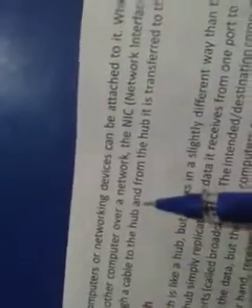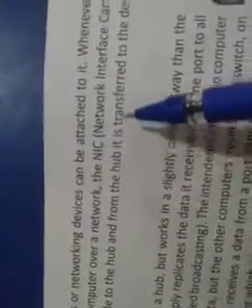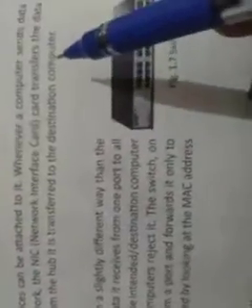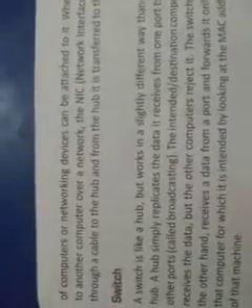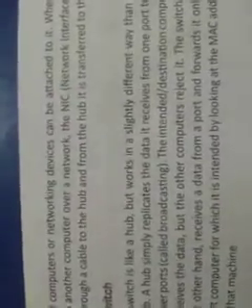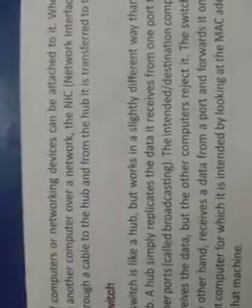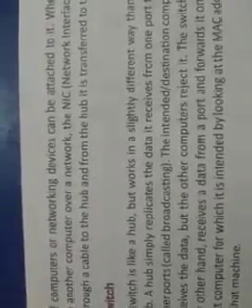The NIC card transfers the data through cable to the hub, and from the hub it is transferred to the destination computer. It means if you want to send data from one computer to another, first you send it to the hub via NIC and network cable, and after the hub it will be transmitted to all the computers, and the computer you want to send it to will receive the information and the rest of the computers will decline receiving the data.